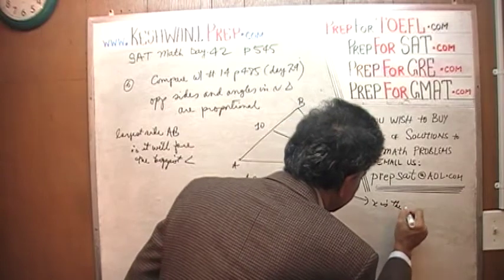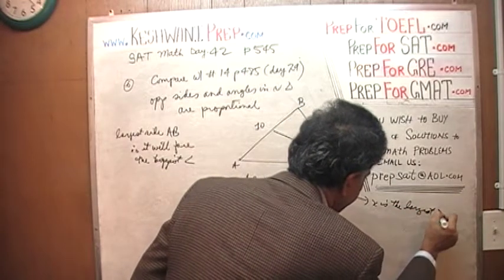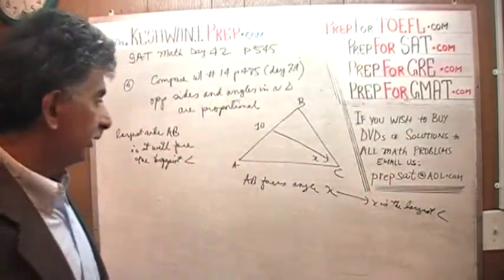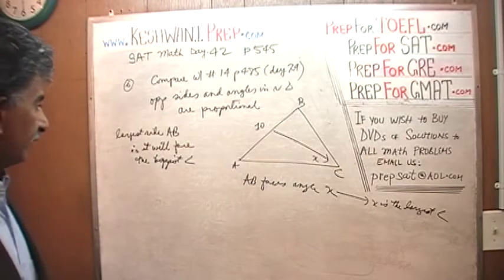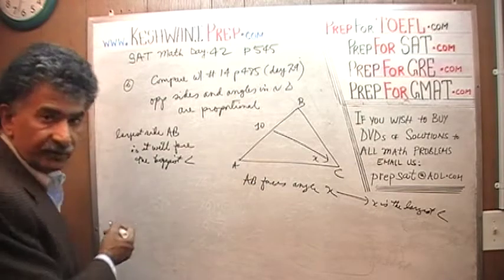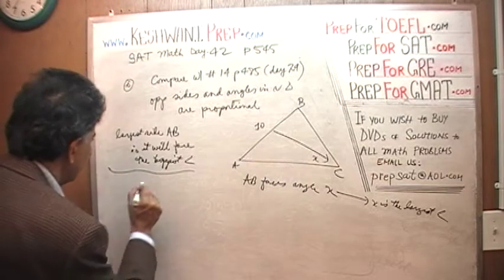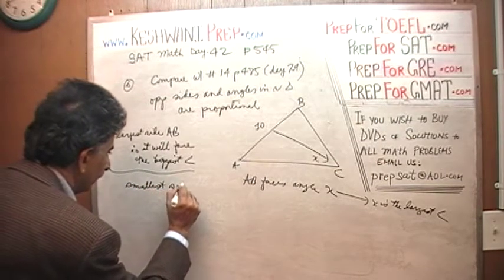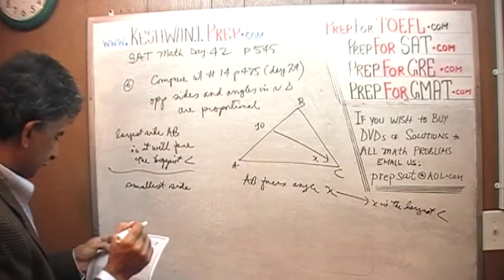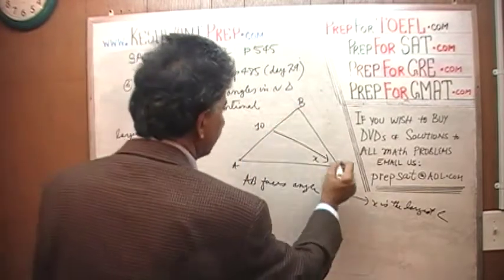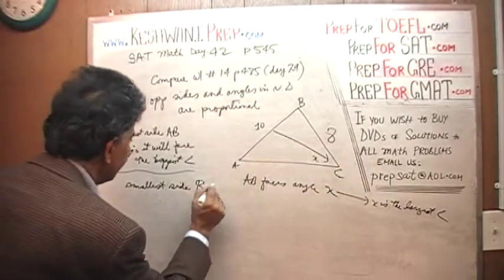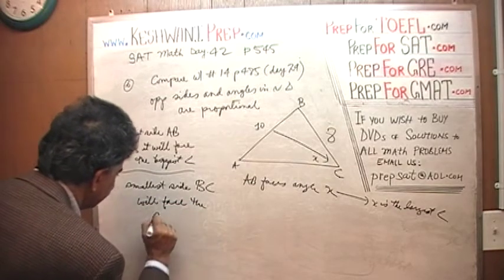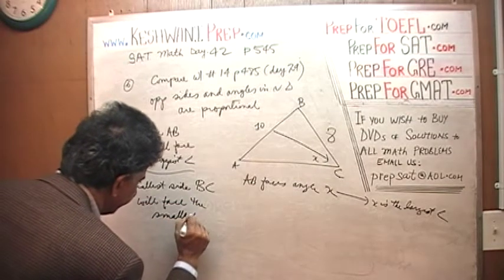X is the largest angle because AB is the largest side in the triangle, therefore it will face the largest angle, angle X. Similarly, the smallest side, which is 8, from here to here, the smallest side, BC, will face the smallest angle.